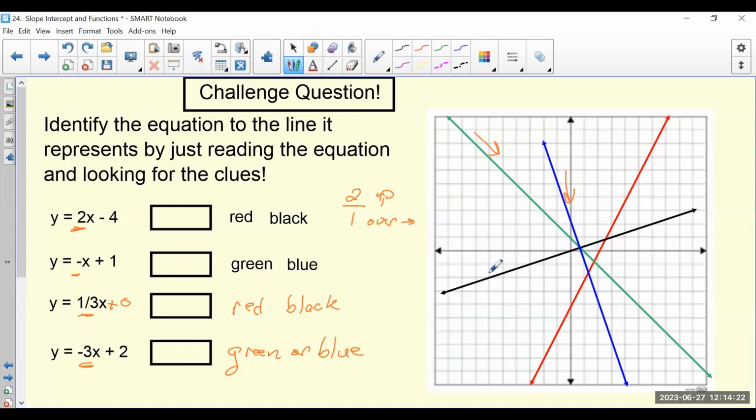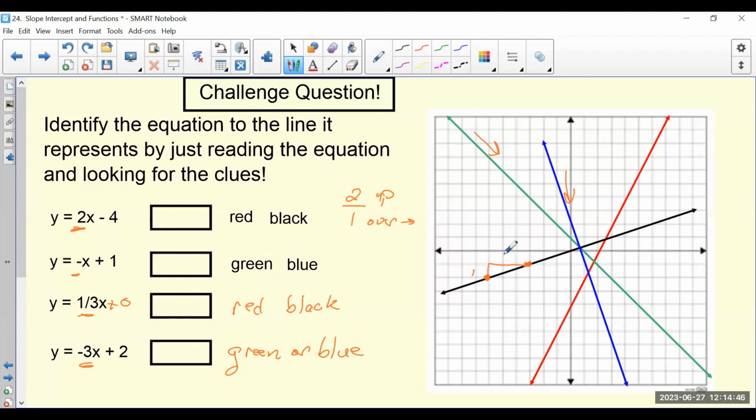So if I go black and I find a point where this line hits exactly on the grid, and then I find another point where this line hits exactly on the grid, and I go from this point to that point, I can go up 1 over 3.